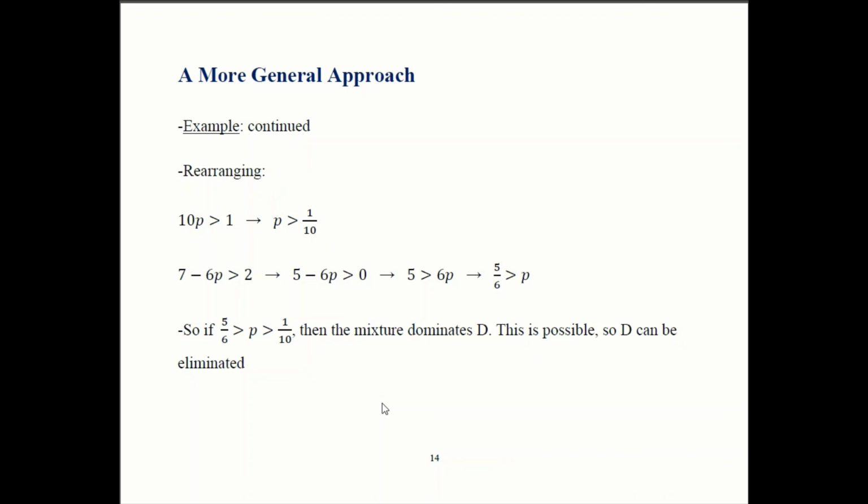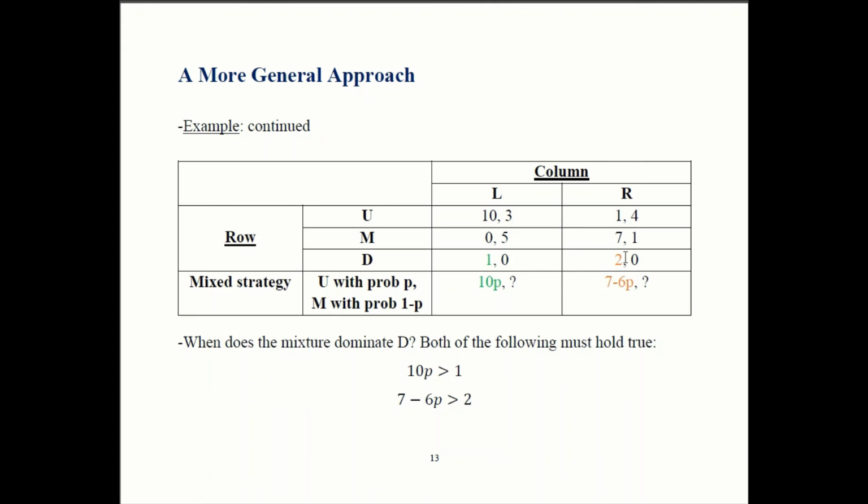Some strategy like D in our game that is never a best response. When you see something that's never a best response, get suspicious. Start thinking there might be some mixture that might eliminate it. So you make your mixture just very general. You play one strategy with probability P, and you play the other strategy with probability 1 minus P.